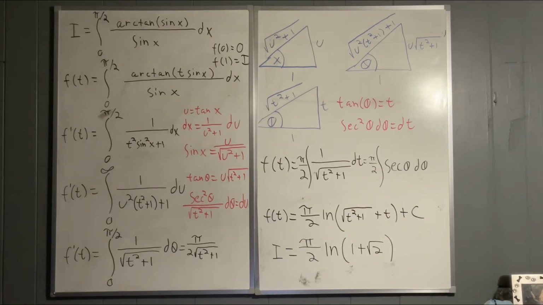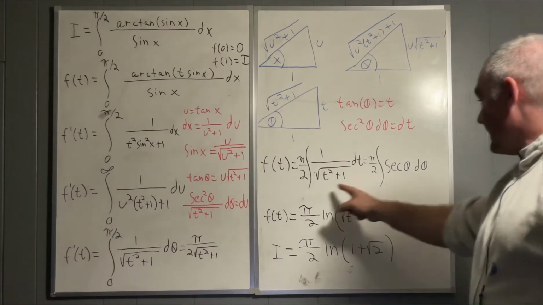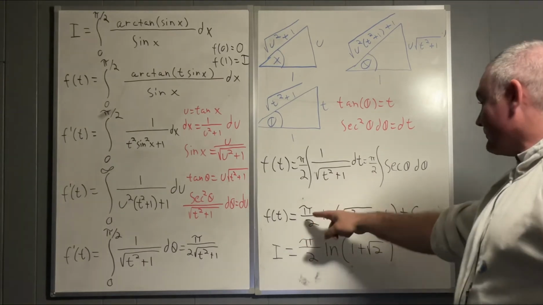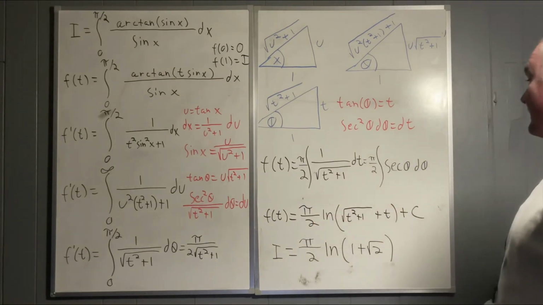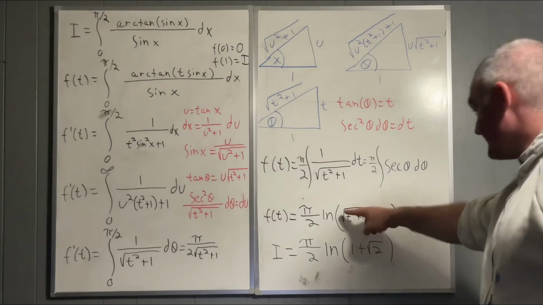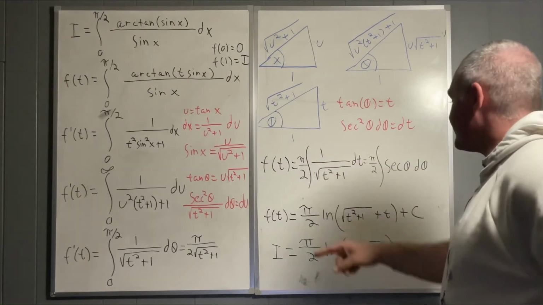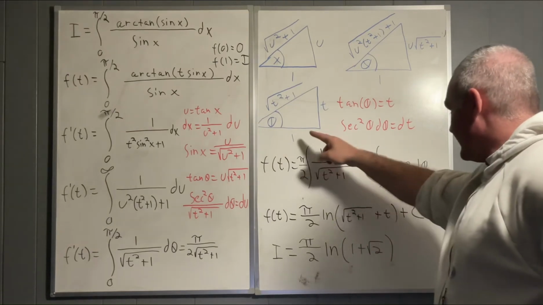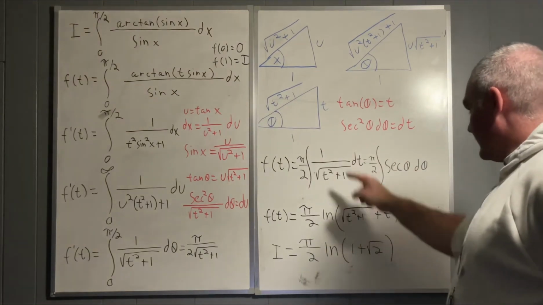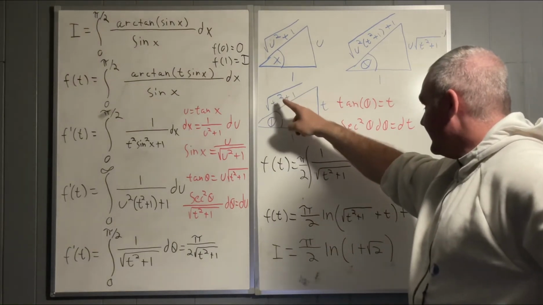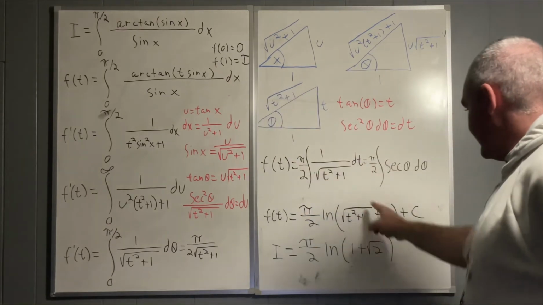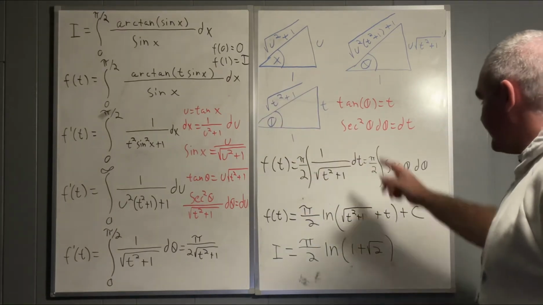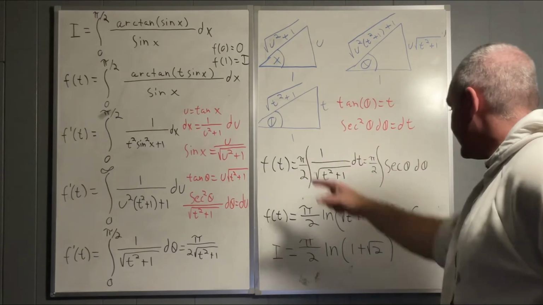But anyway, that's right here. We just have f of t is equal to pi over 2 times the natural log of secant phi, which is this part right here, secant being the hypotenuse over adjacent, plus tangent phi, right there.